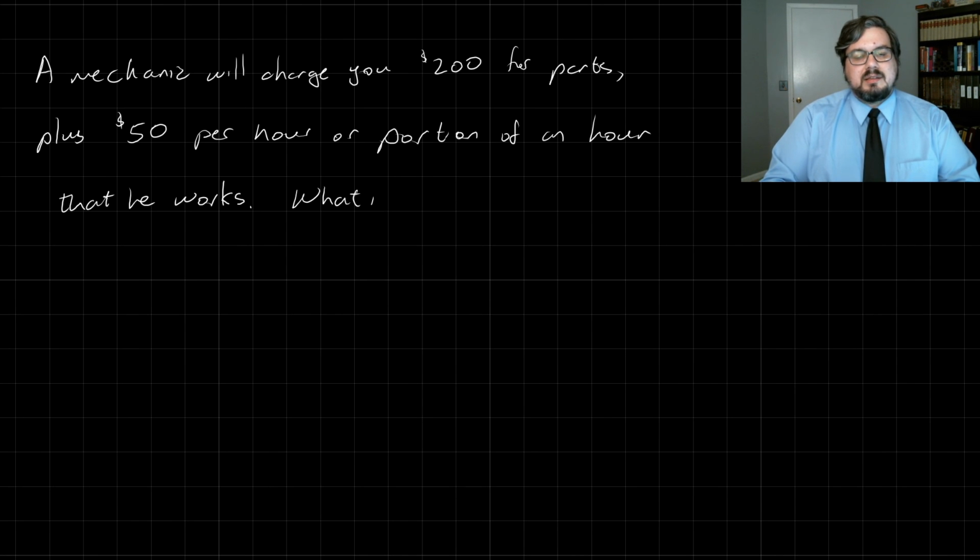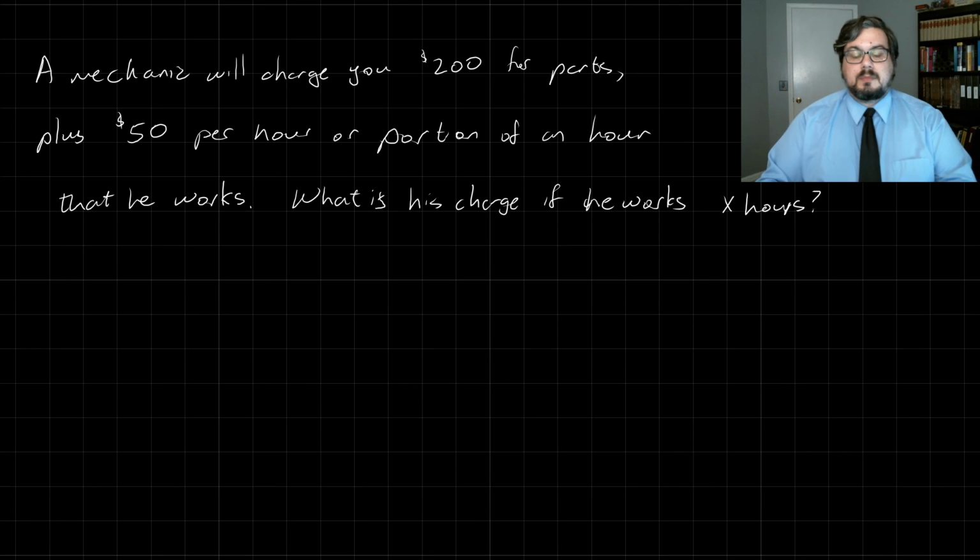What is his charge if he works x hours? So here we have two components to the charge. The $200 for parts, that one's just going to be added on at the end. We're not going to worry too much about that.